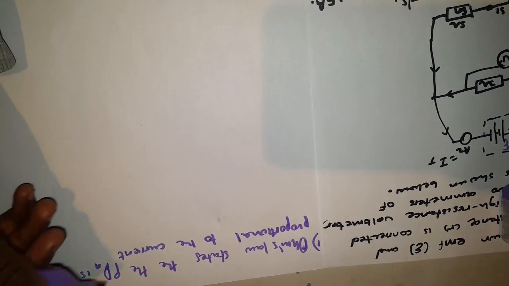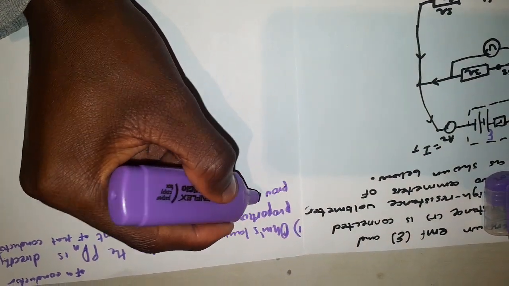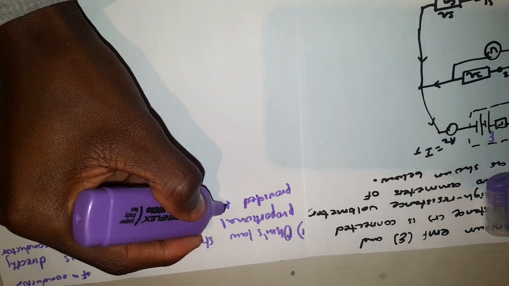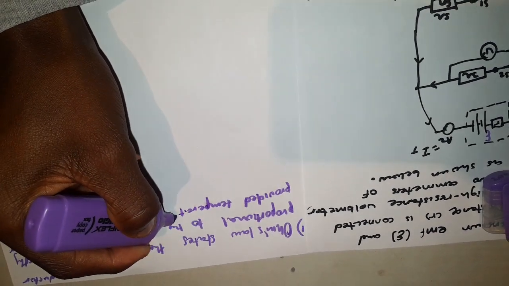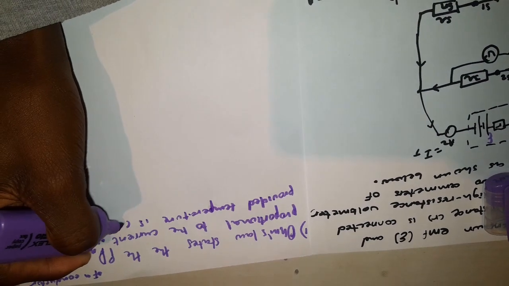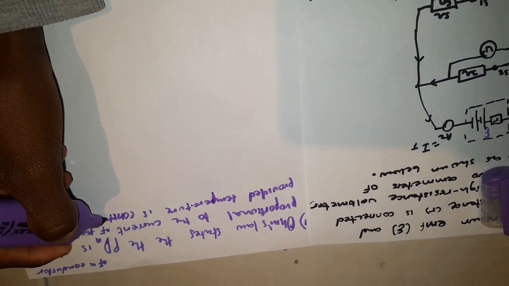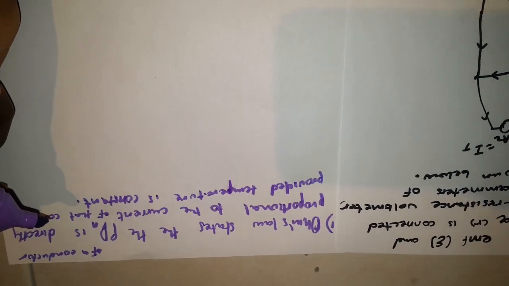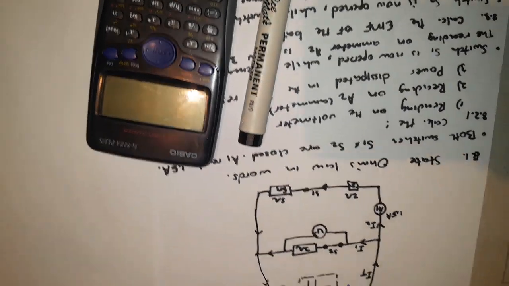You should state that the potential difference of a conductor, because we are dealing with conductors, is directly proportional to the current in that conductor, provided the temperature is constant. Okay, so this is the answer to question 1: state Ohm's law in words.